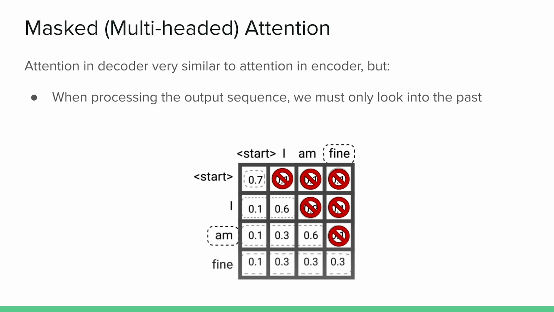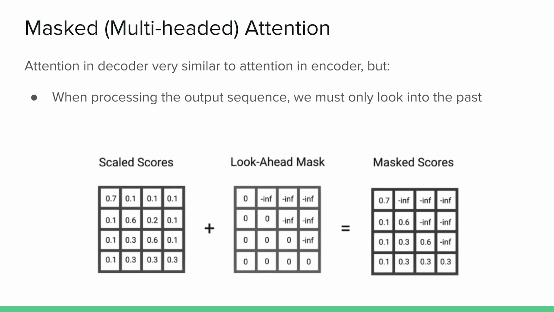How do we do this? We have our scaled scores that we compute exactly in the way that we did for our encoder, and we add this so-called look-ahead mask, which is just -infinity for the right top part of our matrix.